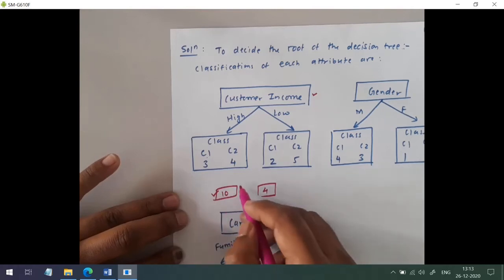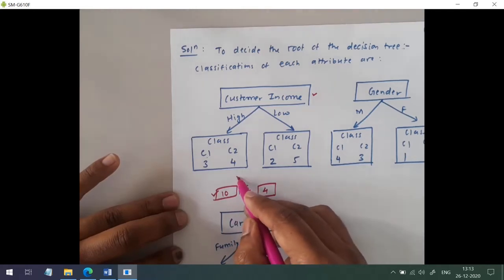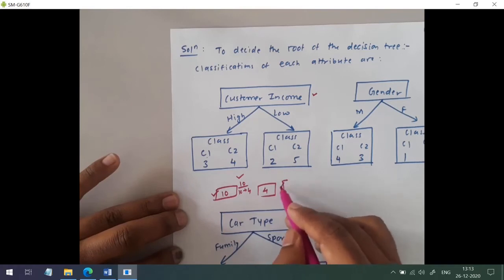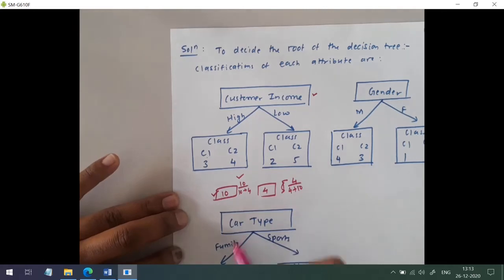That's why its weightage will be 10 divided by 10 plus 4, so we are giving more weightage to this branch, and the weight of the other branch will be 4 divided by 14. We are giving less importance to the right branch. That is the meaning of weighted average.